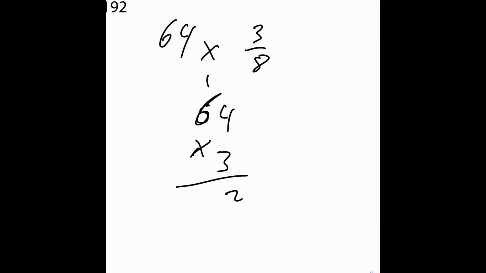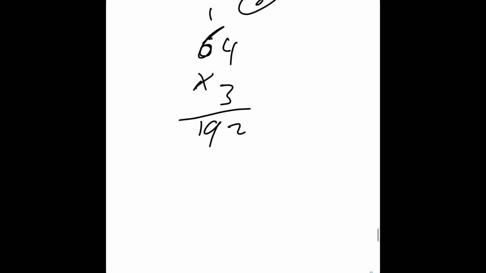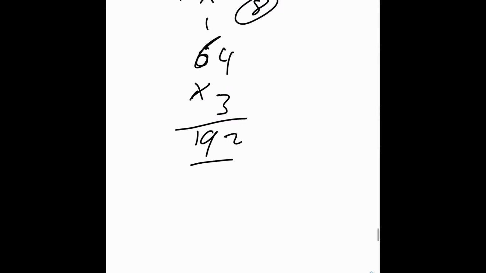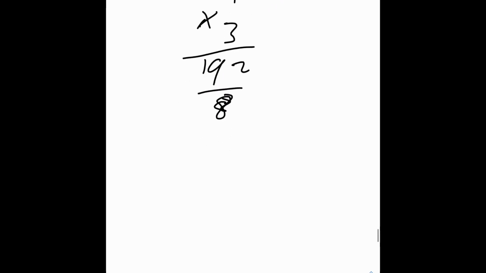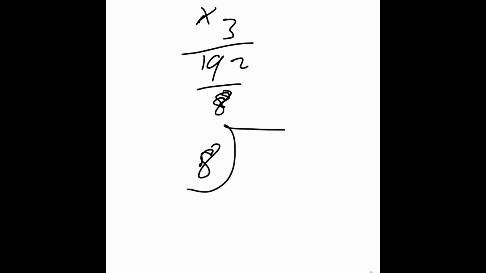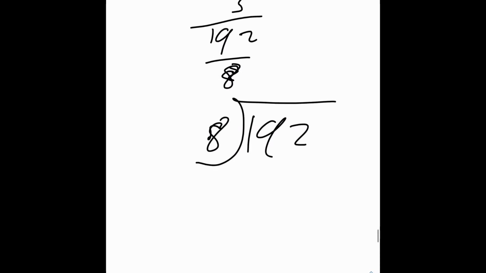Plus 1, 192. All right, cool. We got 192, and it's being divided by 8. So we can just take 192 divided by 8. Long division. All right. It's taking longer than I expected. So how many 8s fit into 19? 2, because 2 by 8 is 16. Take them away, get 3. Bring the 2 down.